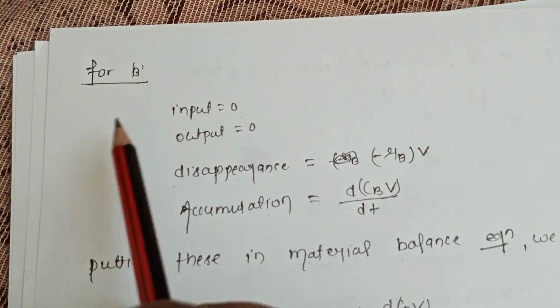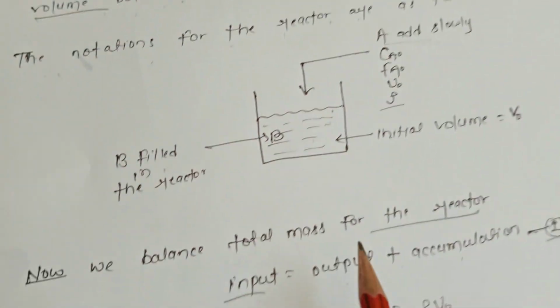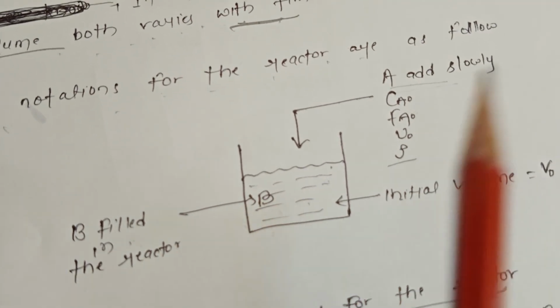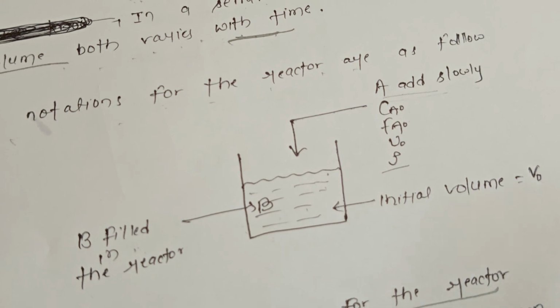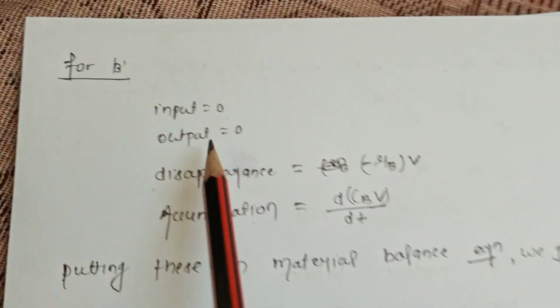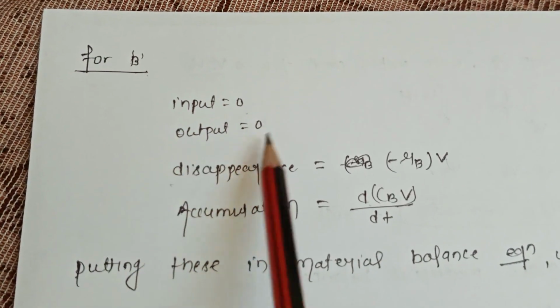Similarly, for B, we make material balance. As we can see, input of B is 0 because B is already filled in the reactor. So input rate of B will be 0, and obviously it is a semi-batch, so output will be 0.